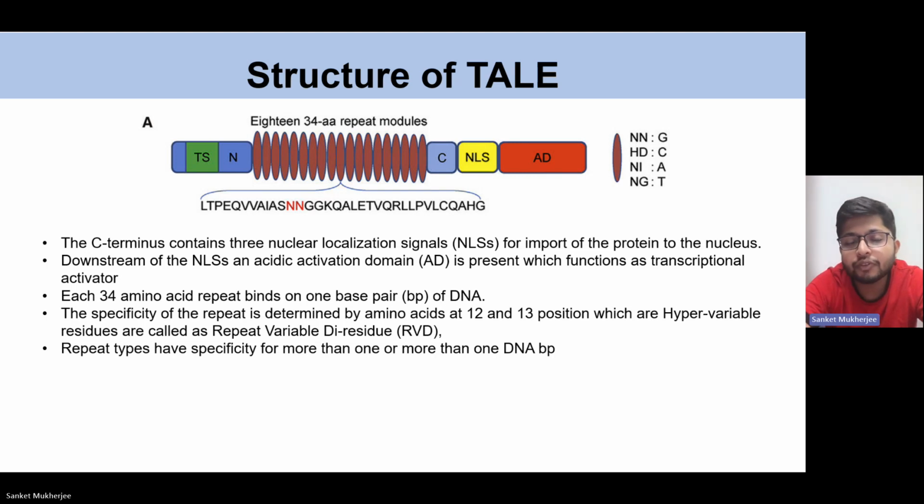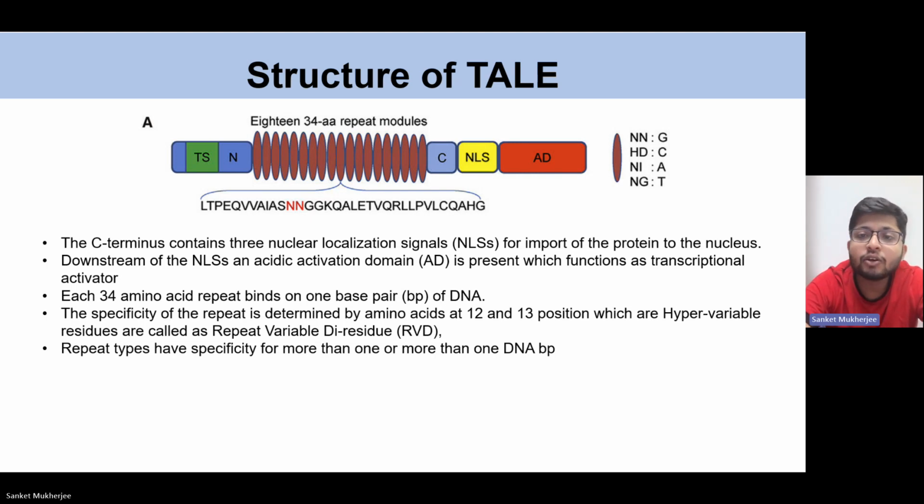Now, downstream of the nuclear localization signal, there is an acidic activation domain which works as a transcriptional activator. That's why the name comes as transcription activator-like effector molecules. Now, there are 34 amino acid repeats which each bind to one base pair of DNA.